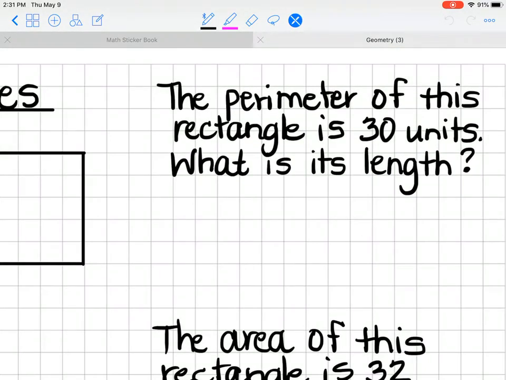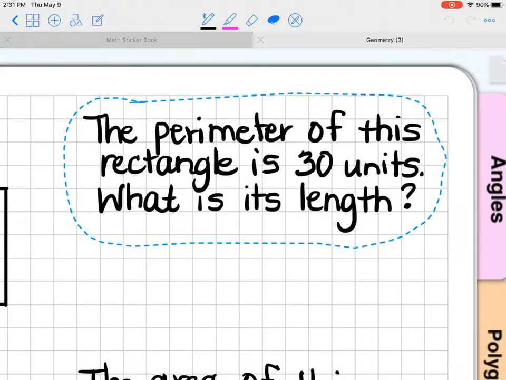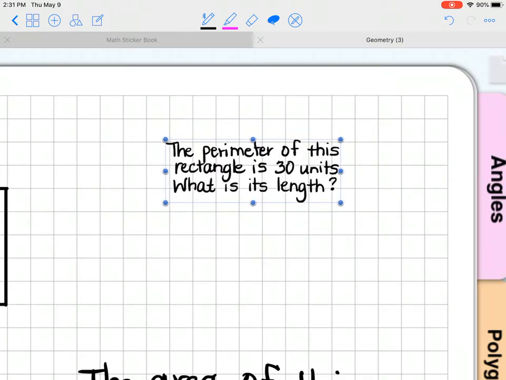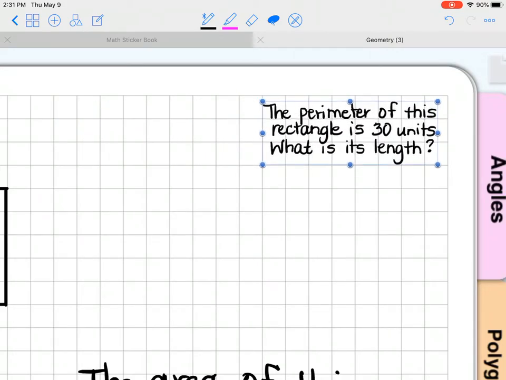And this is where we have to rely on algebra. And let me go ahead and shrink this just a little bit so I can have space to write. So there's the problem. So we want to start with the perimeter of a rectangle.